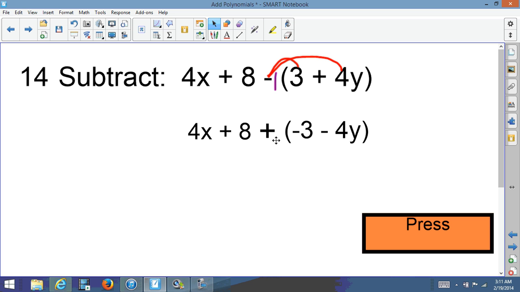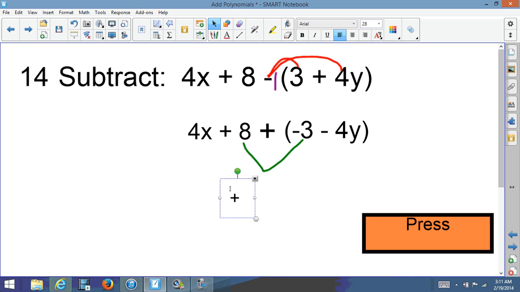So now this is where we get our like terms together. Let's deal with the constants first. That's our numbers. I have a plus 8 plus a minus 3.